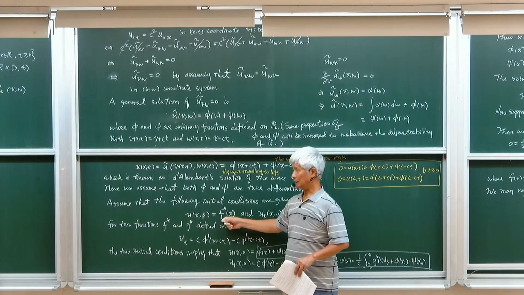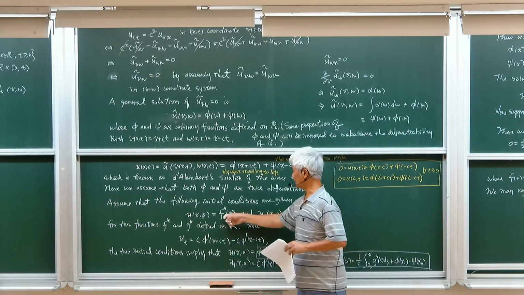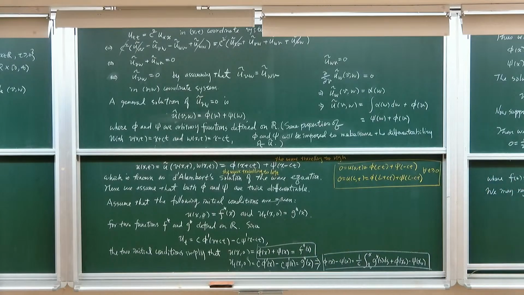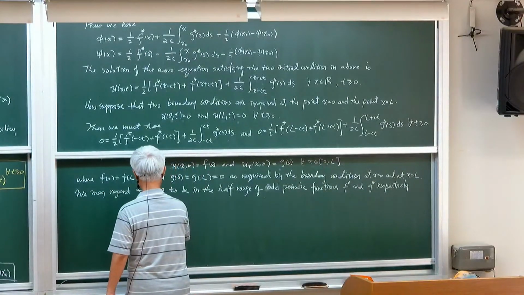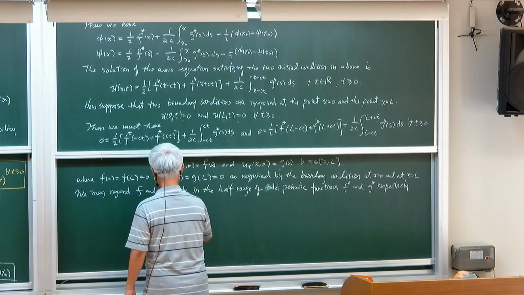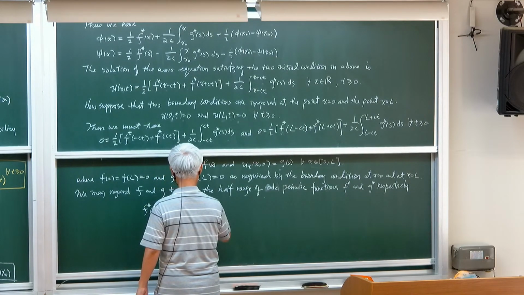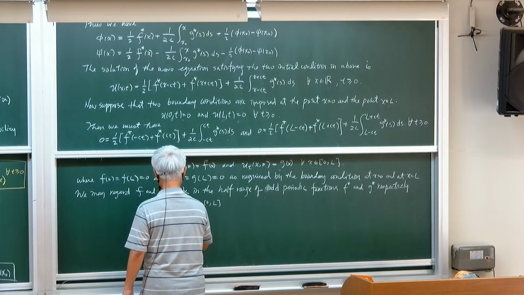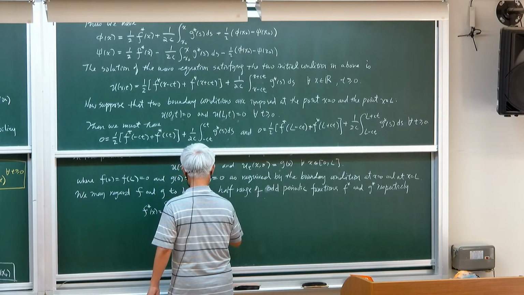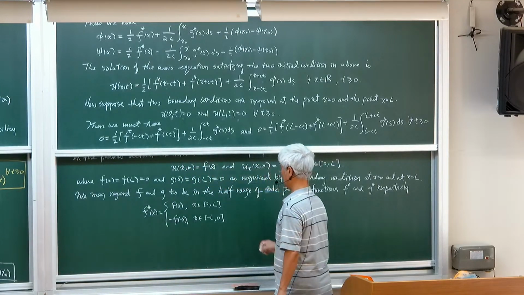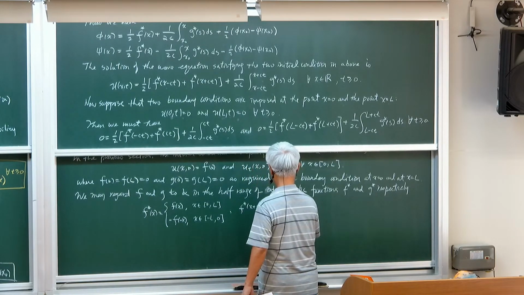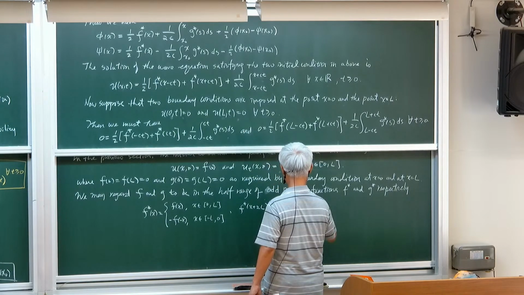So f star is equal to f of x when x is in 0 to L, and minus f of minus x when x is in minus L to 0, and f star of x plus 2L equals f star of x for all x.